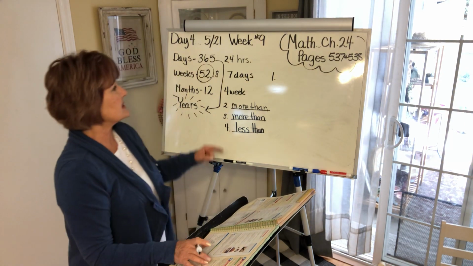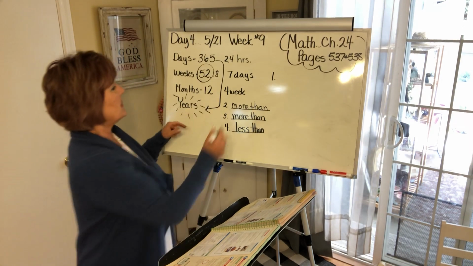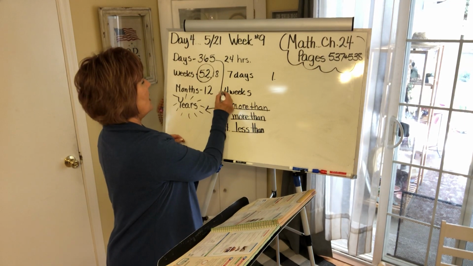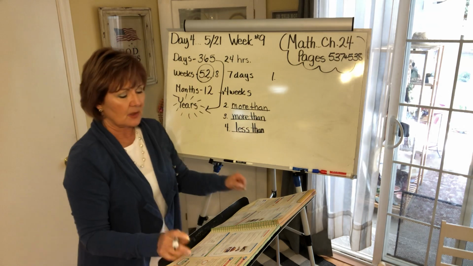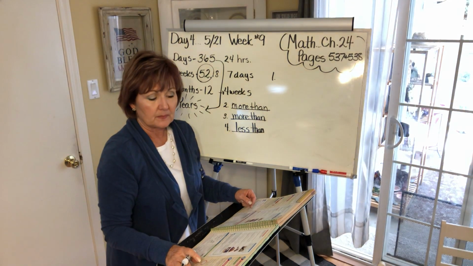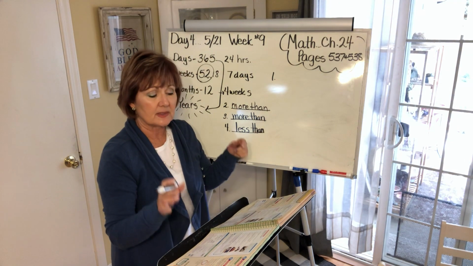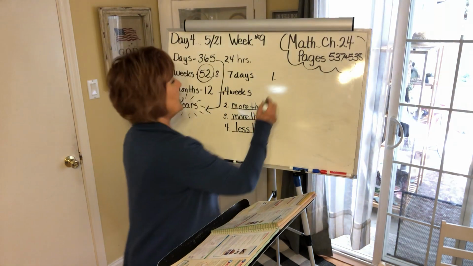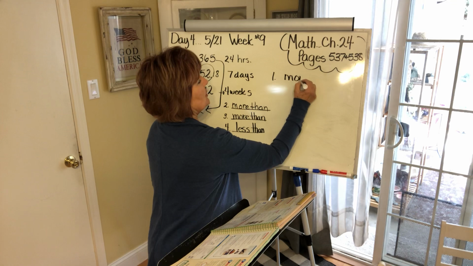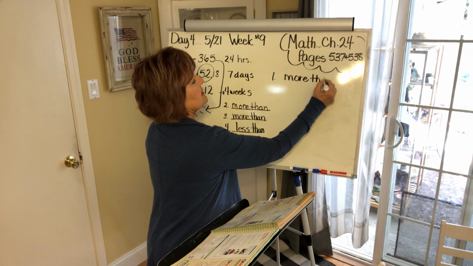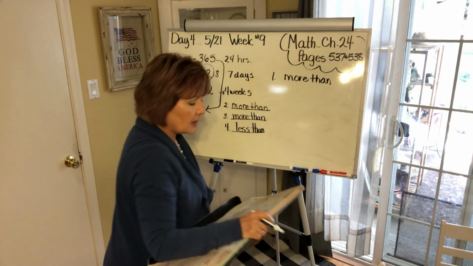About how many weeks are in a month? About 4 weeks are in a month. So 1 month would be 4 weeks. 4 weeks is more than 3 weeks, right? So number 1 is more than, because they're comparing it with 3 weeks.